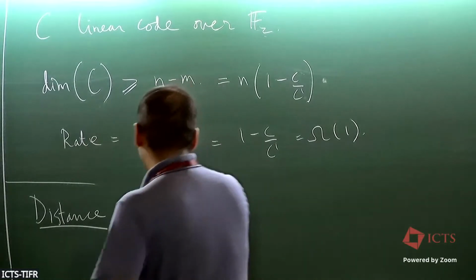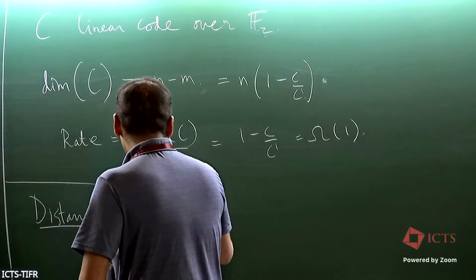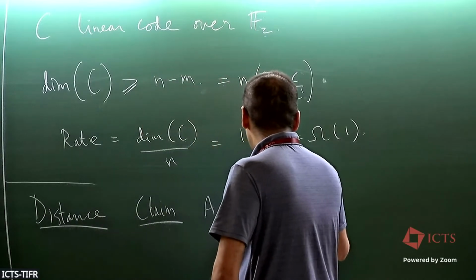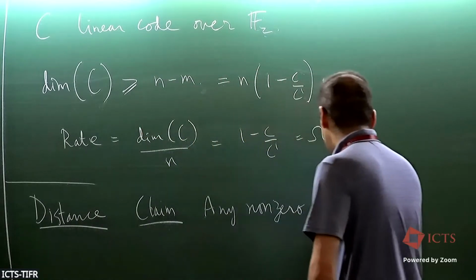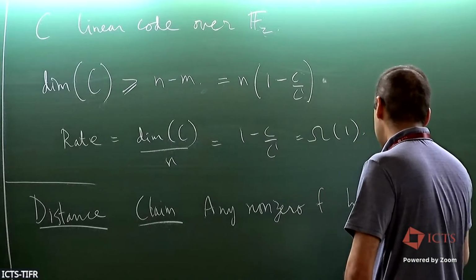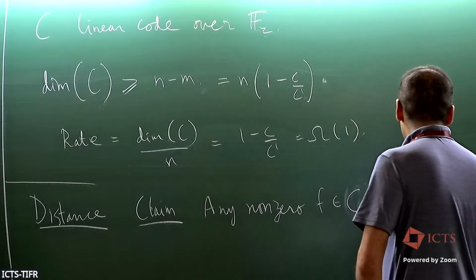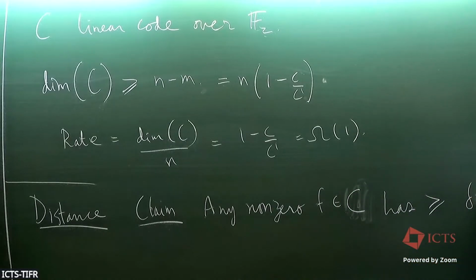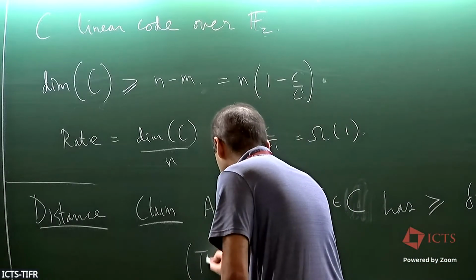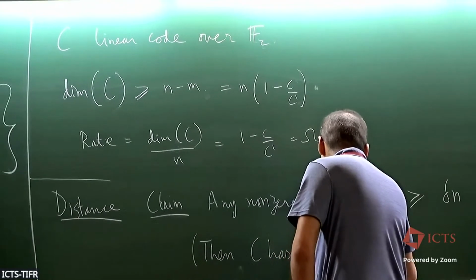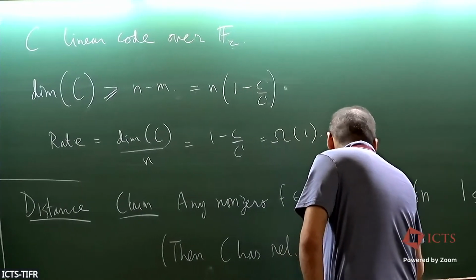Okay, so the claim for this is that any non-zero F in the code has at least delta n ones. This will mean that the code has distance delta, and C has relative distance delta.